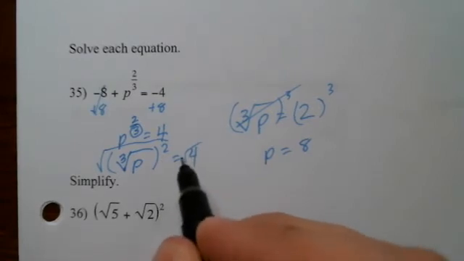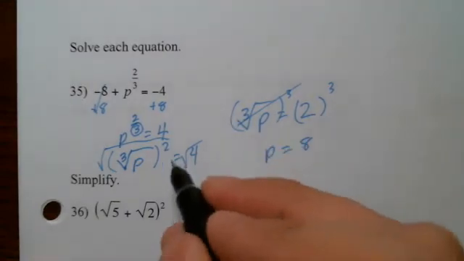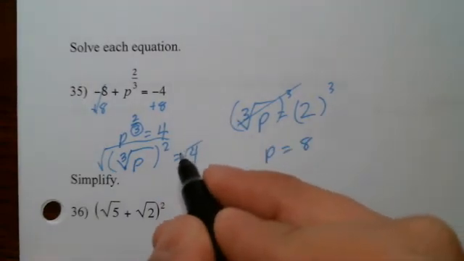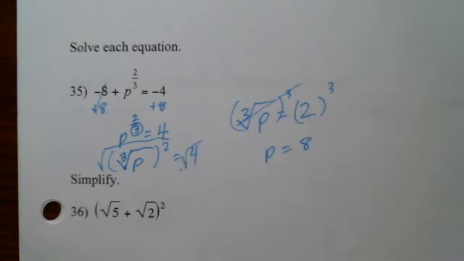But technically speaking, when you do that square root on both sides, this square root can be positive or negative, right?